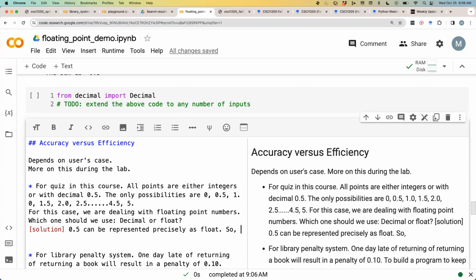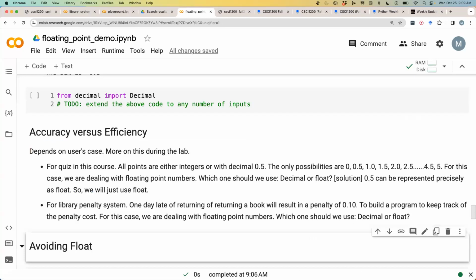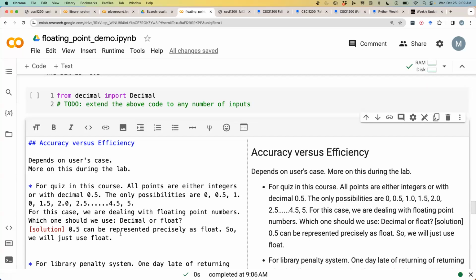So we will just use float, okay? We don't have to convert it to decimal when we do calculations involving your quiz scores. If you want to add a sum of all your quiz scores, for example, we don't have to convert it to decimal first. You can just take the sum of all these values directly as float, because 0.5 can be represented precisely as float. There will be no rounding off error.